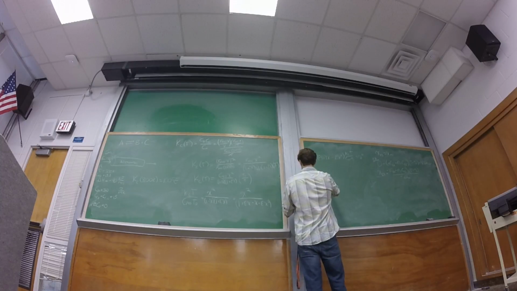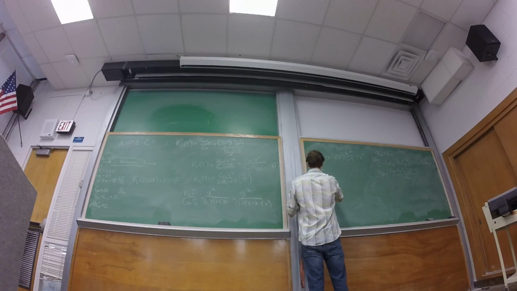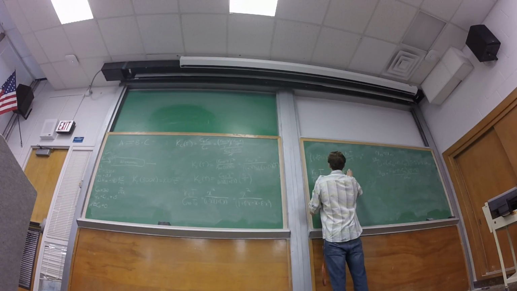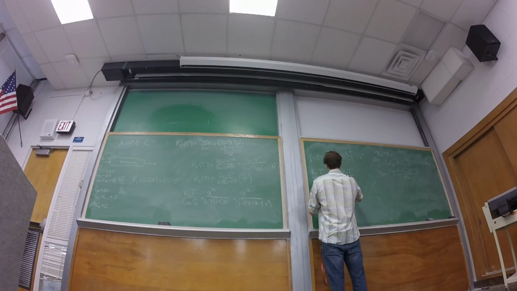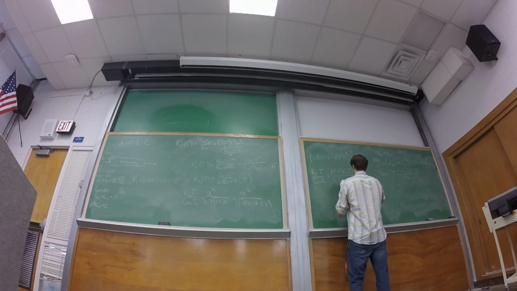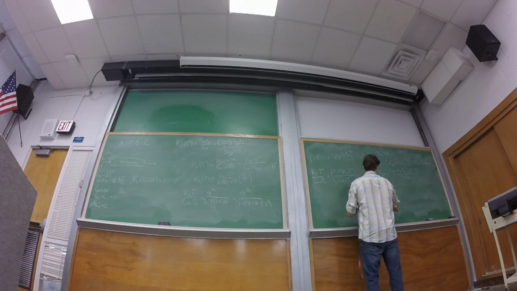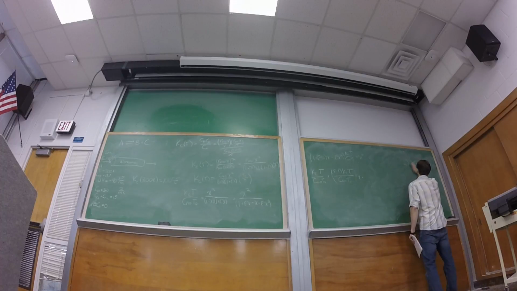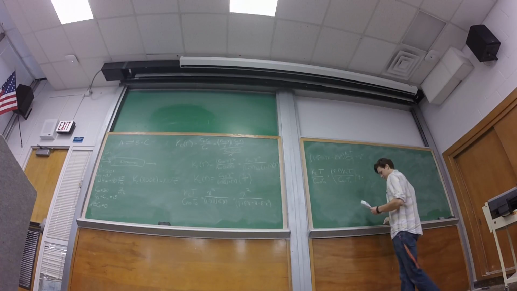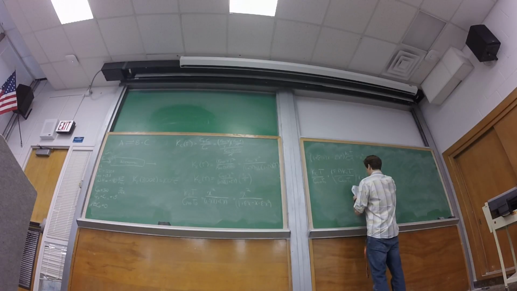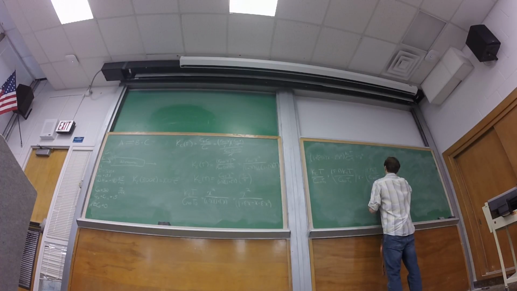So what you end up getting is ACT over C naught T naught, plus epsilon minus 1, KC T, epsilon KC T C naught, plus 1 times x squared equals 0.